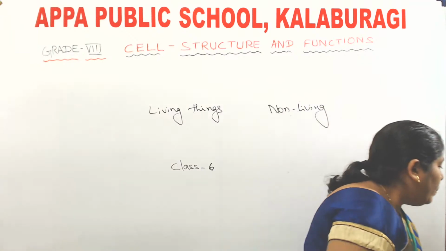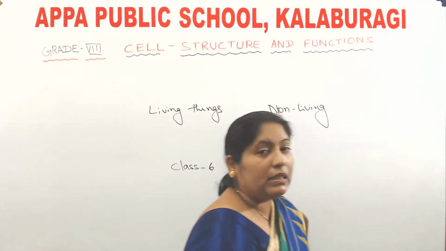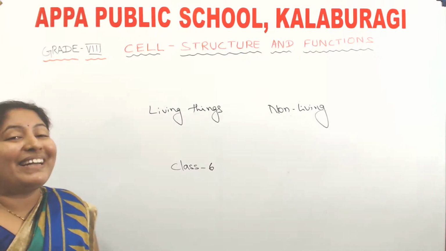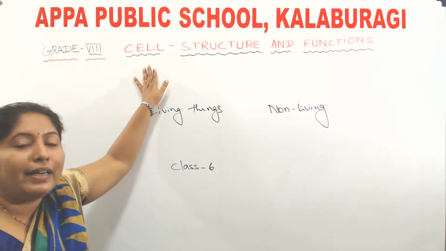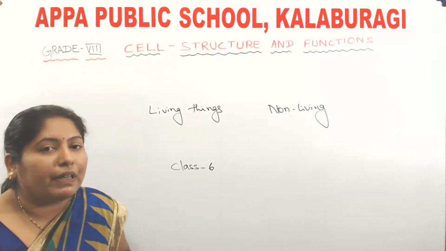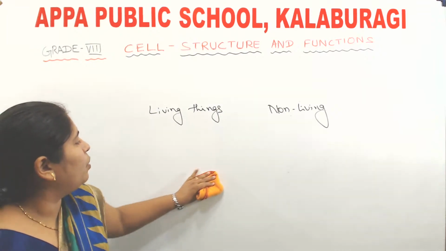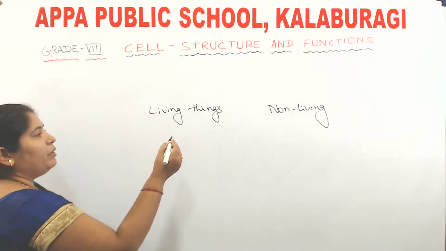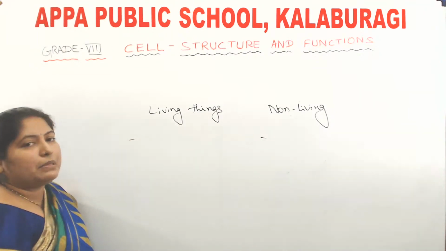While studying the different characteristics of living things and non-living things, you came across a word called cell, right? So just recall where you studied the cell in those characteristics.